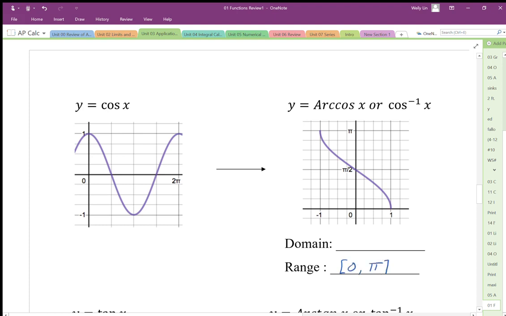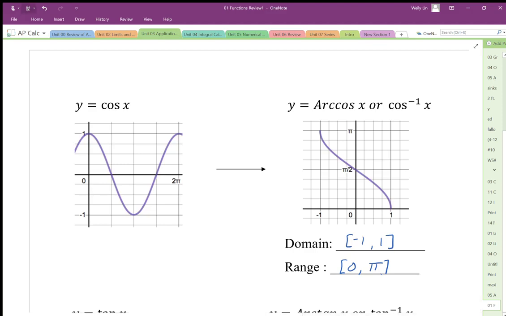The range here was -1 to 1. That was okay, nothing wrong with that, so I can just keep that same domain. The range becomes the domain. But the domain had to be trimmed to become the new range, because of this issue of making arccos an actual function.